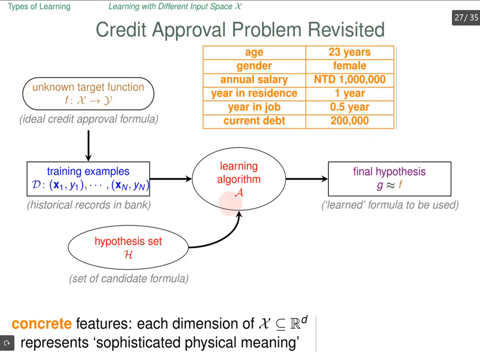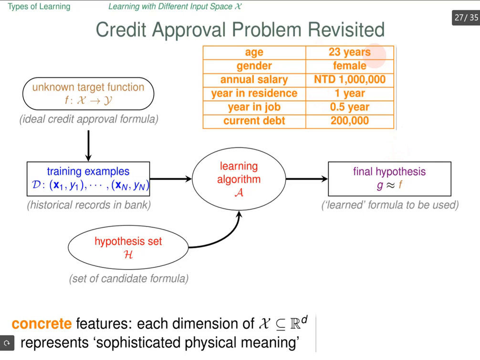And these are in the flowchart. In this case, these specific features represent concrete features. So 23 is one of the features, female another, salary another, years in residence another concrete feature. We treat them as concrete features.